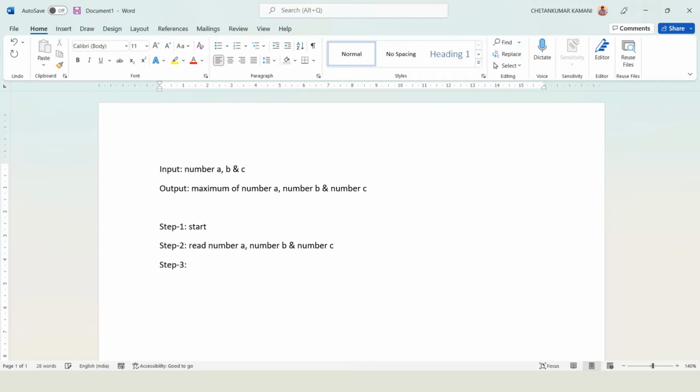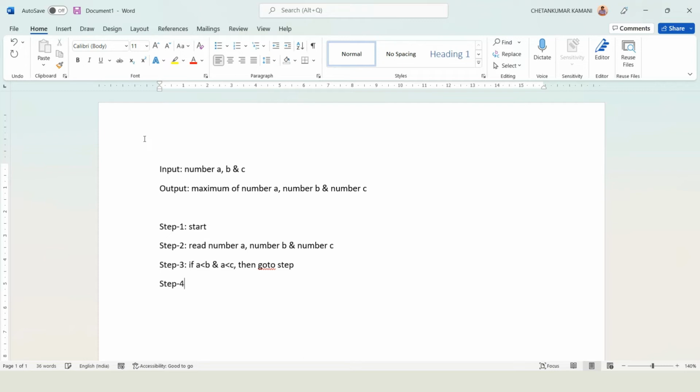Step 3: If A is less than B and A is less than C, then which number is minimum? Definitely A would be minimum. Then go to step. If it is false, then compare B with both A and C.